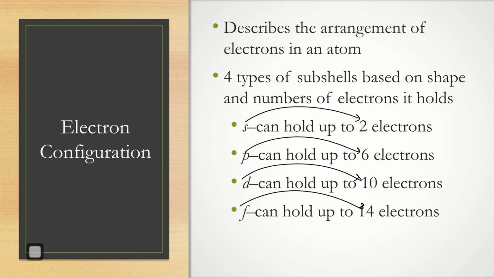S can hold a maximum of 2 electrons, P can hold a maximum of 6, D 10, and F 14. While that seems extremely random, the periodic table absolutely illustrates the pattern of 2, 6, 10, 14, and that's the big thing to understand. We'll see that when I can pull up a periodic table in a moment.